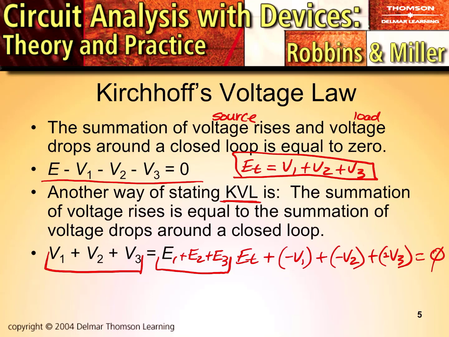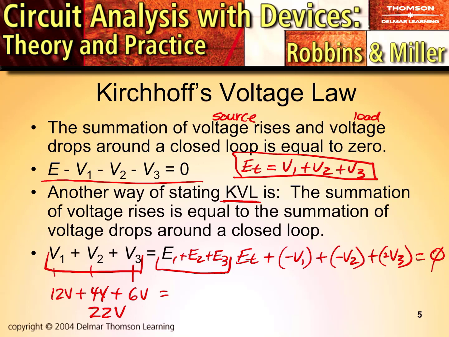consistently. So let's say we had something like 12 volts for V1. V2 is 4 volts. V3 is 6 volts. Well, then together we would have a total of 22 volts. We know that each side of the equal sign has to be balanced.